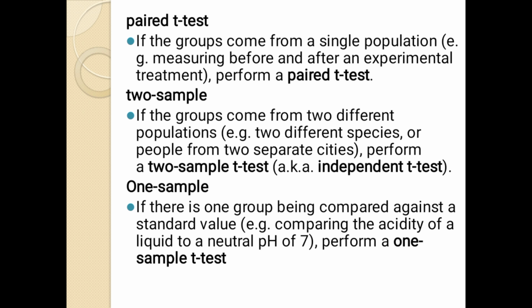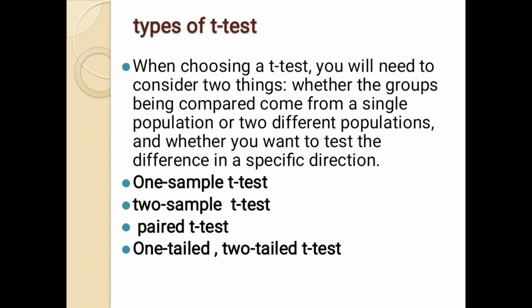In statistical data analysis, we will consider different kinds of t-tests. For comparison between two groups, we will perform a t-test. To perform a t-test, we have different kinds of t-tests, and based on the data we are analyzing, we choose the type of t-test.